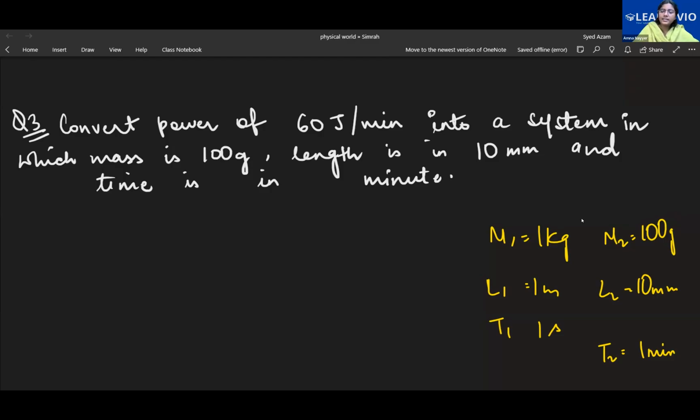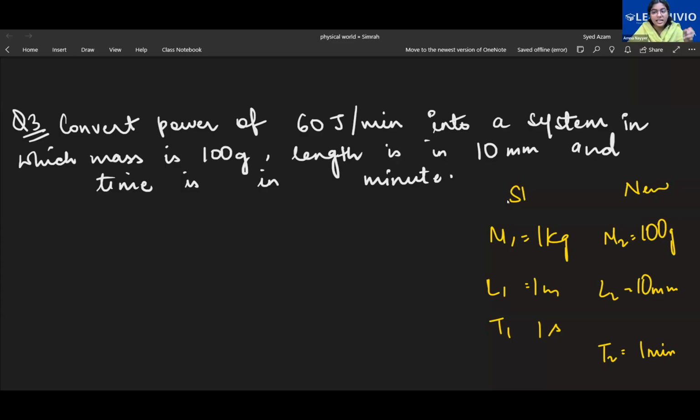Now it is saying power, you have to convert it into this system. First of all, solving this joules per minute. Did we discuss the unit, if you remember? What's the SI unit for time? Seconds. Now this row, this is our SI system. This is our new system. Previously, till here, this was our CGS system.